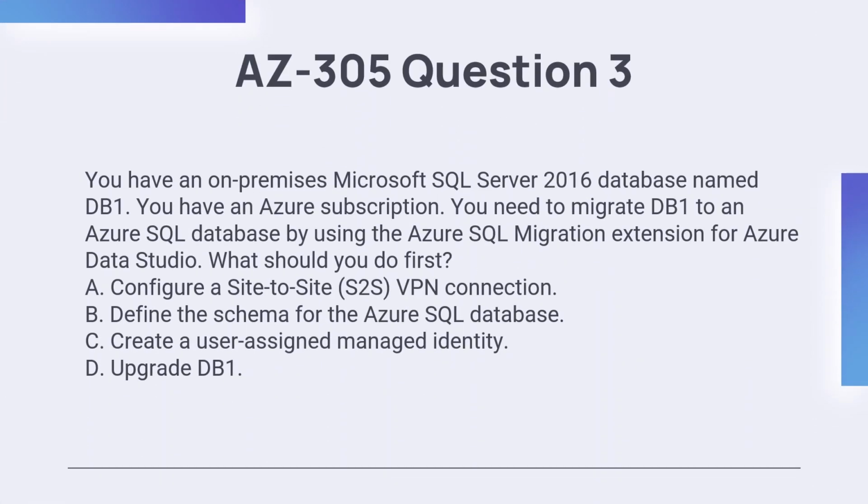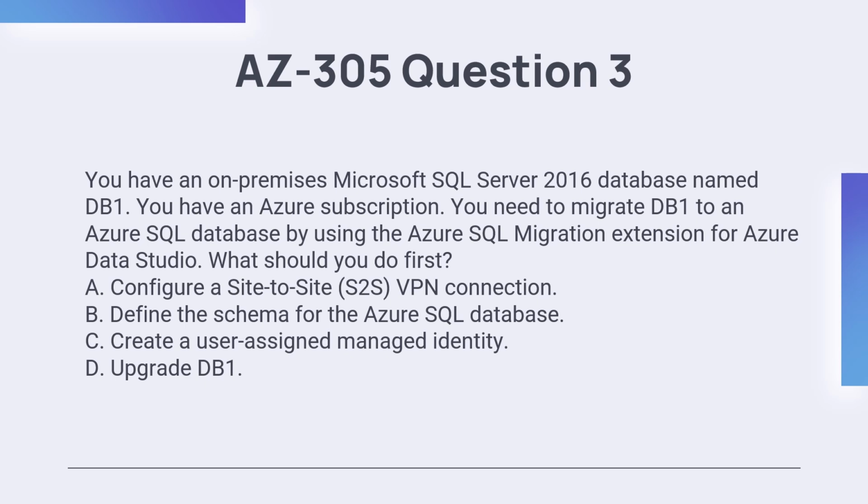You have an on-premises Microsoft SQL Server 2016 database named DB1. You have an Azure subscription. You need to migrate DB1 to an Azure SQL database by using the Azure SQL Migration extension for Azure Data Studio. What should you do first?